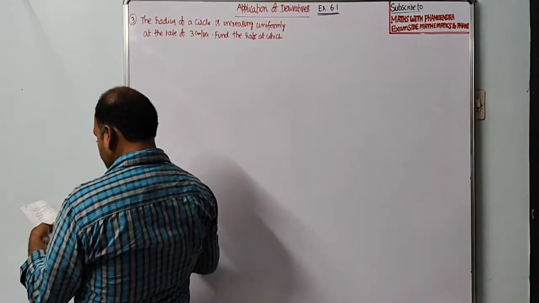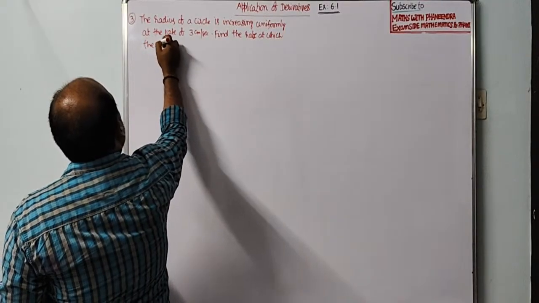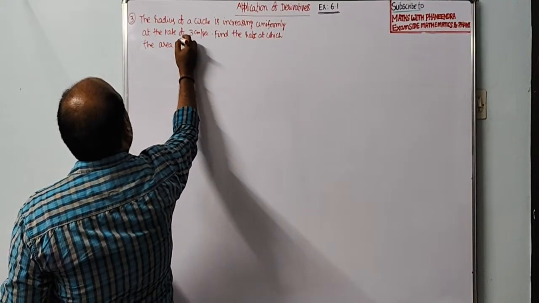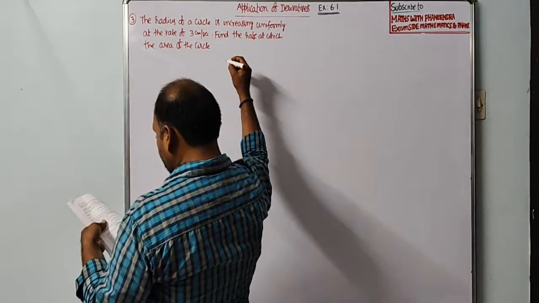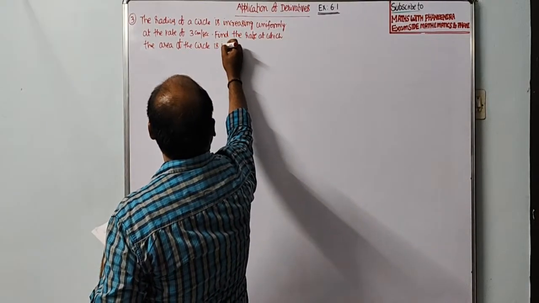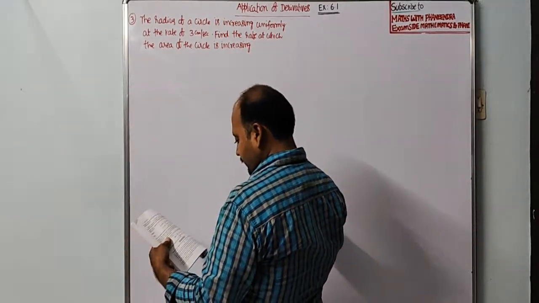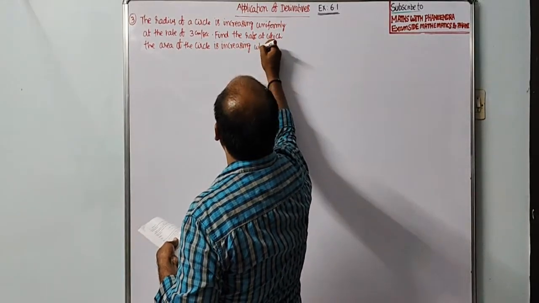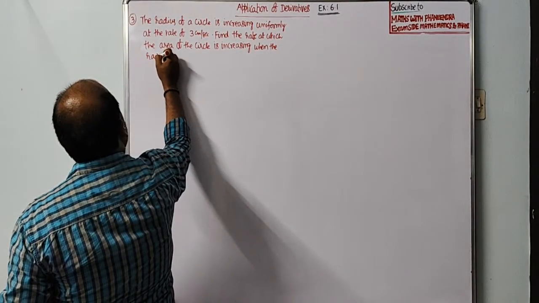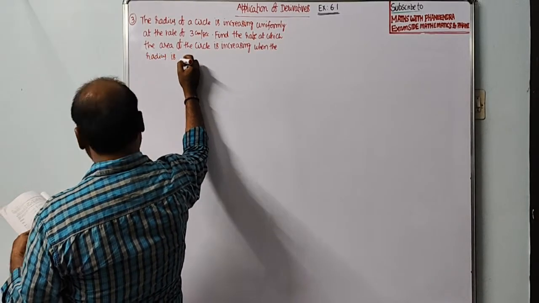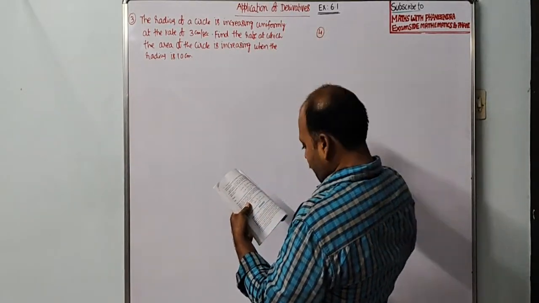Find the rate at which the area of the circle is increasing when the radius is 10 centimeter. This is question number 3.